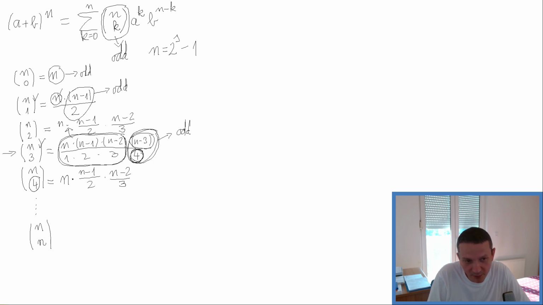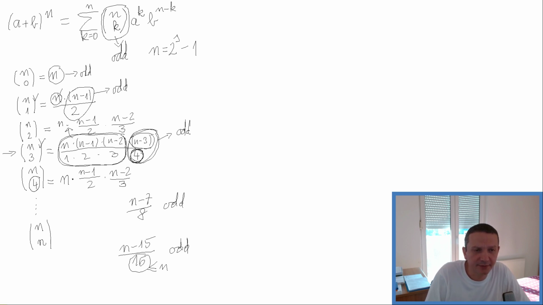Continuing in the same way, we will obtain that later on n minus 7 over 8 is also odd, that n minus 15 over 16 is odd. Of course, the number here should be less than or equal to n, since we are going up to n here.